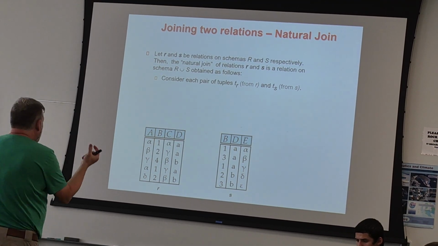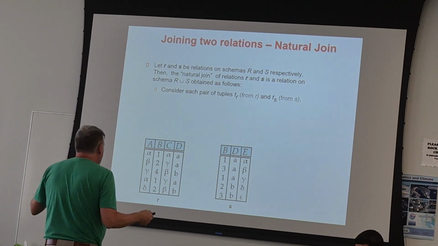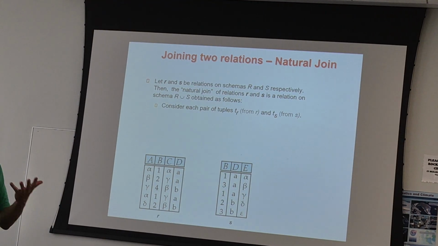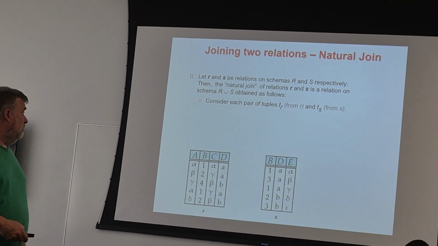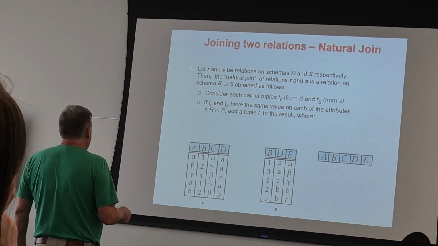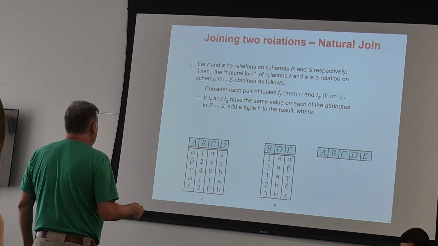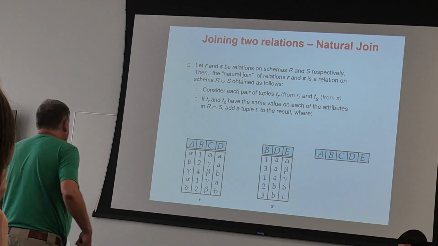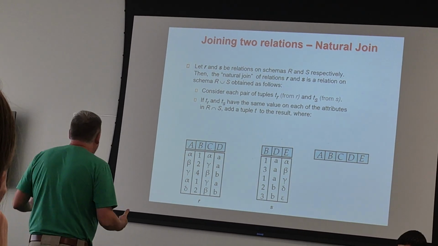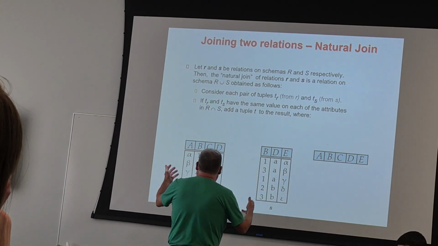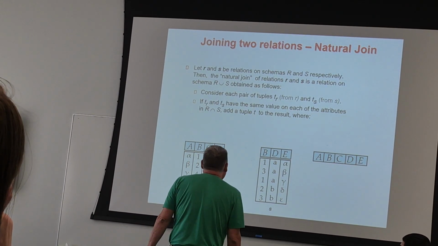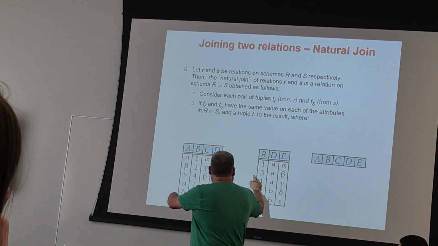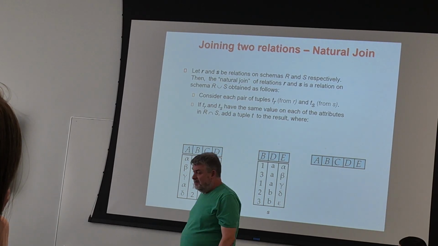So we're going to look at every pair of those tuples, one from table R and one from table S, and we're only going to put them in the final resulting table if T of R and T of S have the same values for each of the attributes in the intersection of R and S. Before I said that these tables both had a column B with the same data in them, and I had neglected to notice that they also have a column D. And again, it is the same data type, it's letters.